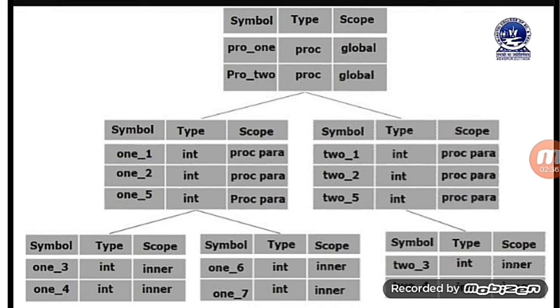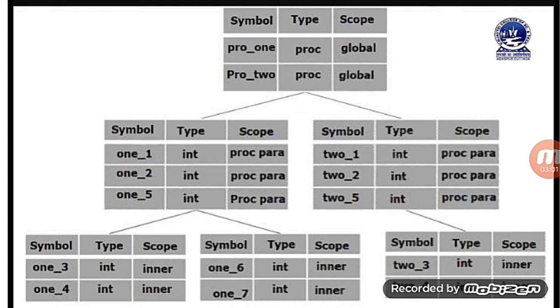Here you can see the diagrammatic representation. In the global symbol table, 3 columns are there: symbol, type, scope. These are the columns, and the rows are pro 1 and pro 2. In the previous slide, you have seen that pro 1 and pro 2 are two procedures.